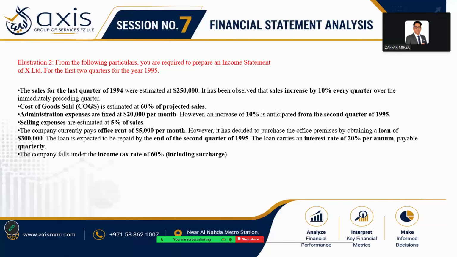The sales of the last quarter of 1994. The question is for the first two quarters of 1995. That means 250 plus 10%, then after that 275 plus 10%. Very good answer.